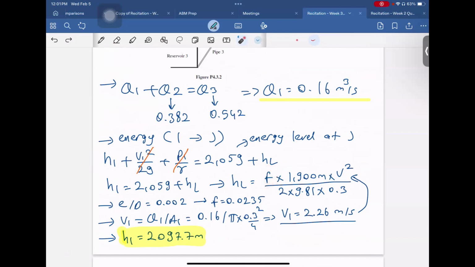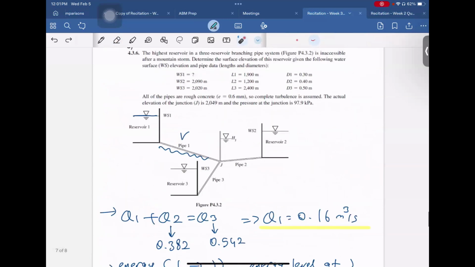So again, we assumed a friction factor based on E over D. And this time, we actually knew the velocity because we already know the flow rate in this pipe. From flow rate, we calculated the velocity as 2.26. And since we have every value here, we calculate the elevation of the highest point here.